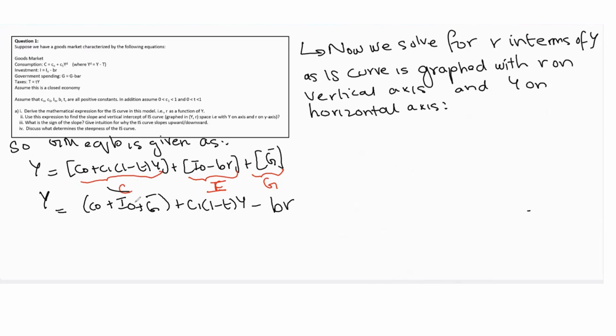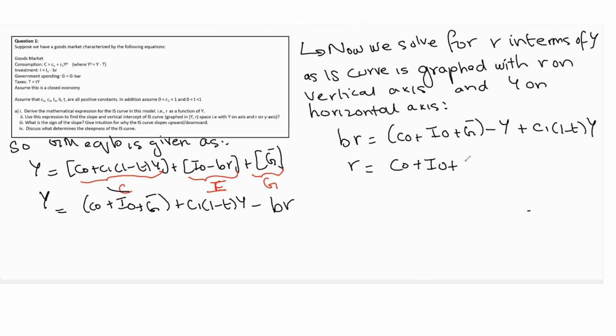Right, so here I'm going to take the R term over there. So this becomes bR equals C0 plus I0 plus G bar, and I'm going to bring the Y on the left hand side to the right hand side. So this becomes minus Y plus C1(1 minus t)Y. I'm going to divide both sides by b, so we get (C0 plus I0 plus G bar) divided by b.